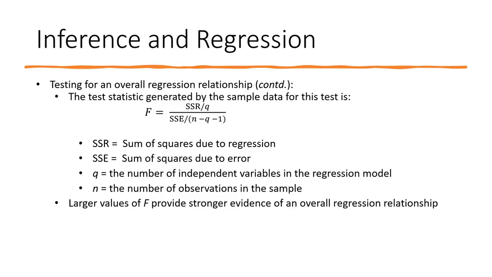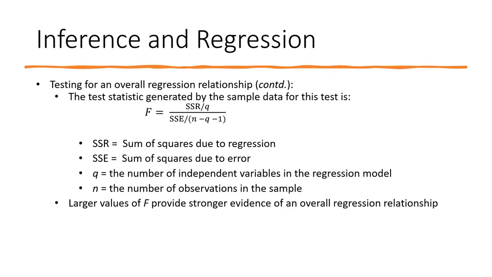When we're looking at our F statistic, the numerator of this test statistic is a measure of the variability in the dependent variable y that is explained by our independent variables x sub 1, x sub 2, and so forth. Our denominator is a measure of the variability in the dependent variable y that is not explained by our independent variables x1, x2, and so forth.